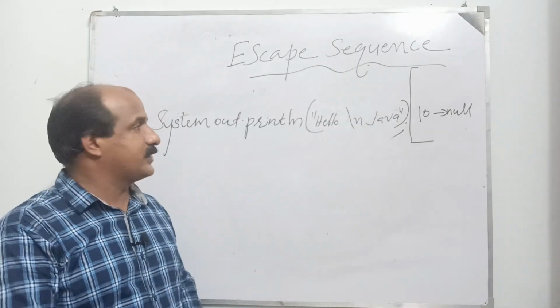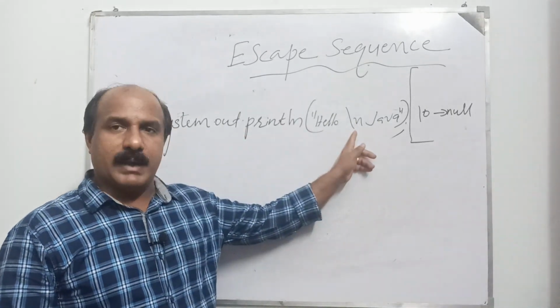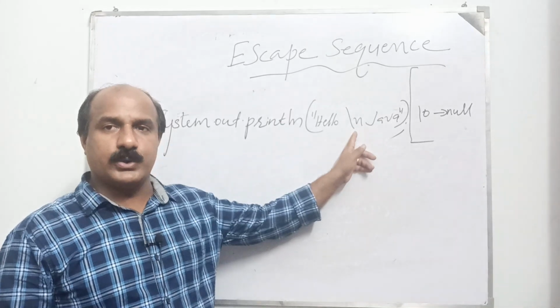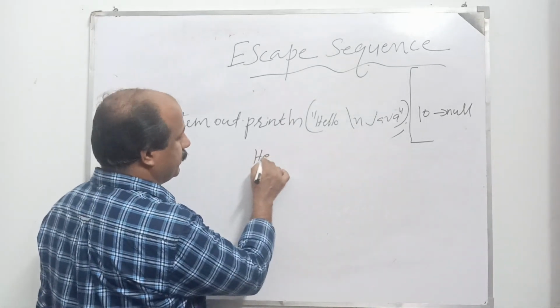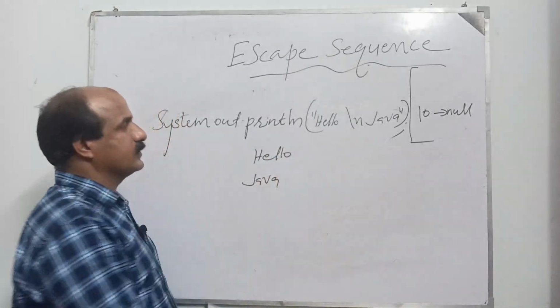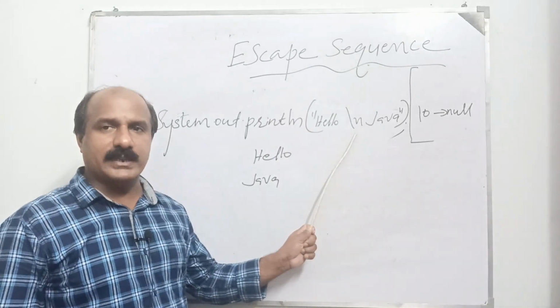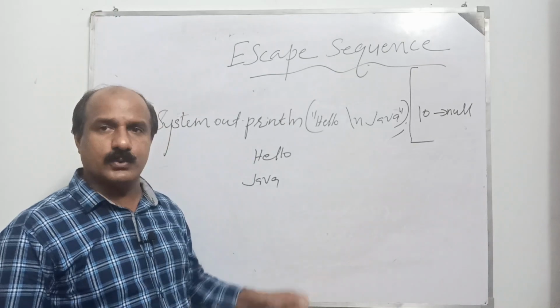Suppose you write the statement System.out.println("Hello\nJava"). I told you \n is new line. Then in the output, Hello will be printed and Java will be printed on the next line, because this is a new line character. After printing it, the cursor shifts to the new line.